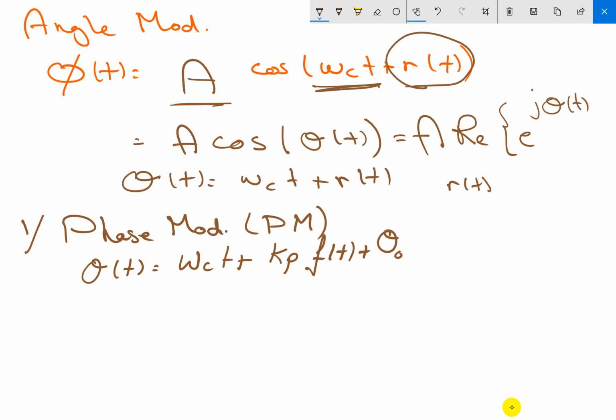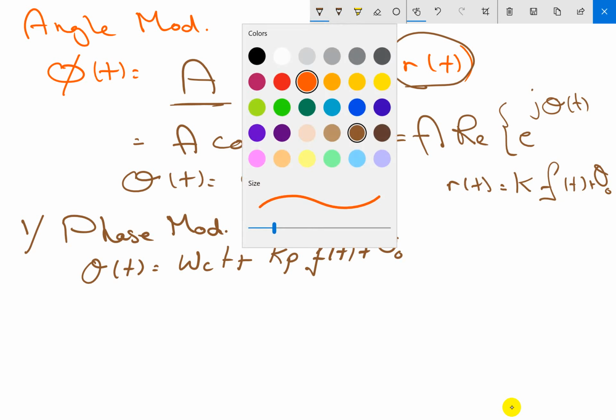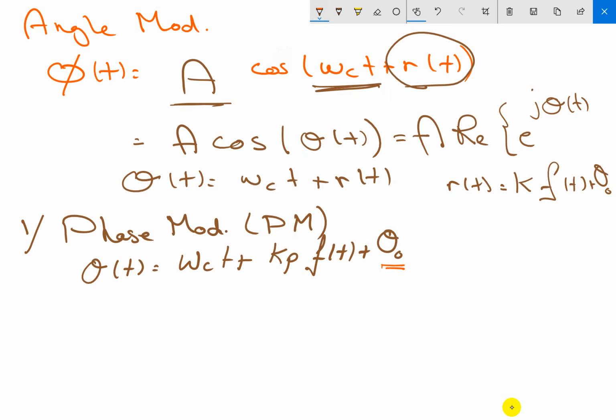R of t equals k of t plus theta naught. هذا هو first order equation. That means the initial phase is a constant and k is also constant, but we said k sub p because we are talking about phase modulation. So omega c, k sub p, theta naught, all are constant.